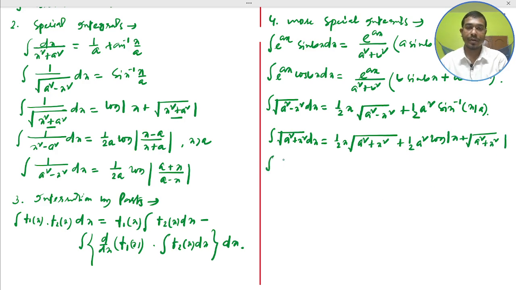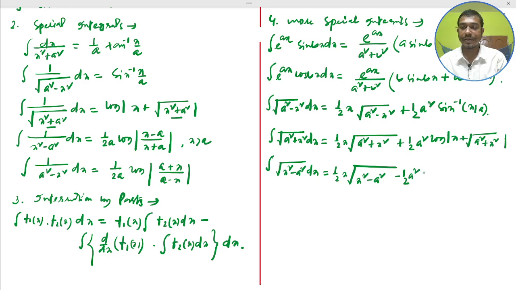Next, root over x square minus a square dx. This would be the same case, half x, the function as it is, meaning root over x square minus a square. This would be the minus, keep in mind, very important, minus half a square log of the function, meaning x plus root over x square minus a square.